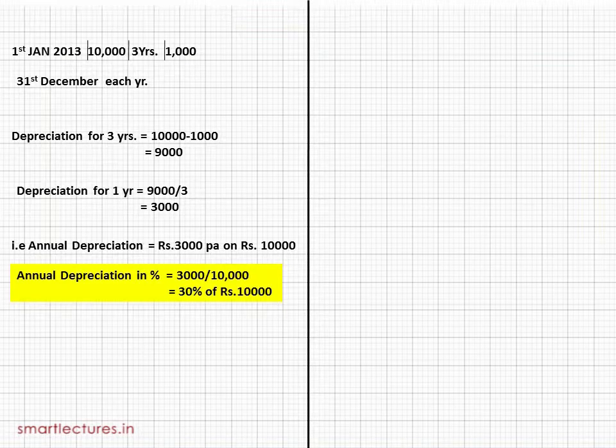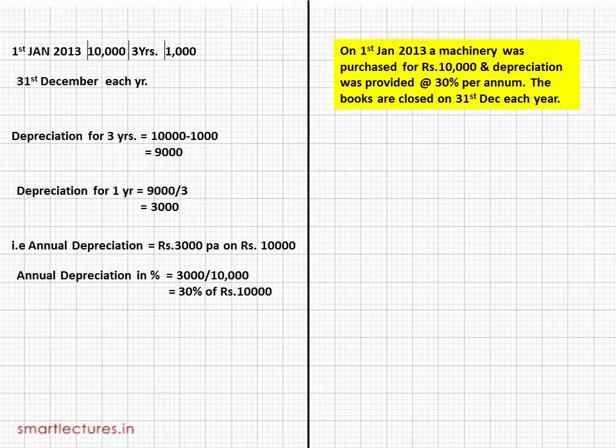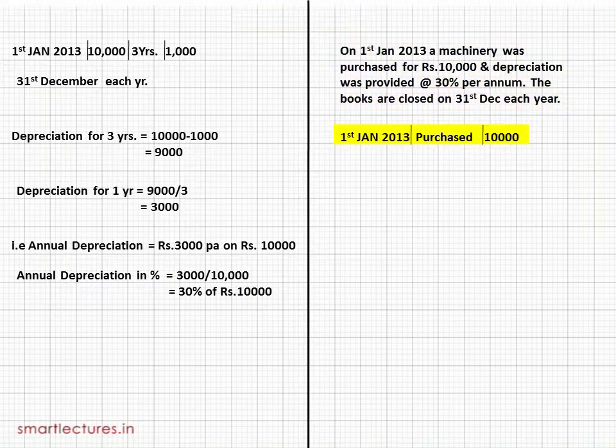Suppose the question is: on 1st January 2013, a machinery was purchased for ₹10,000 and the depreciation was provided at 30% per annum and the books are closed on 31st December each year. This is the text of the question. If you make the outline of this question, that will be 1st January 2013 bar purchased bar 10,000 and in the next line 30% per annum bar 31st December each year.